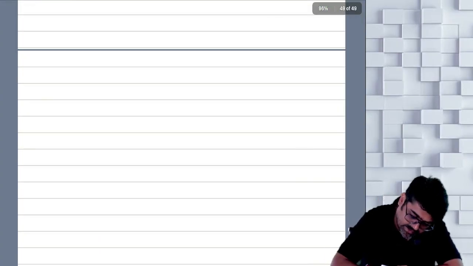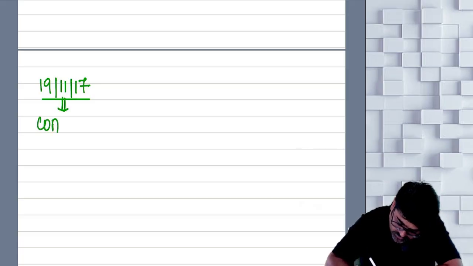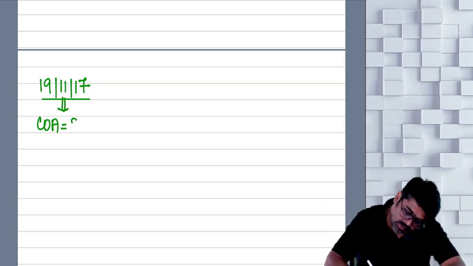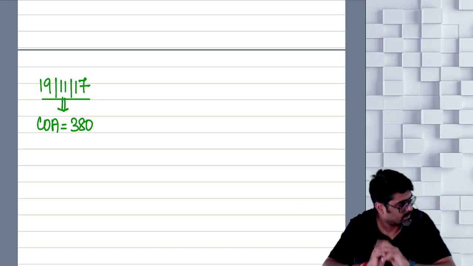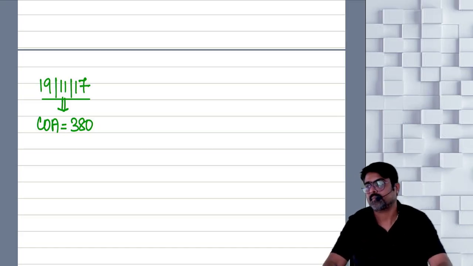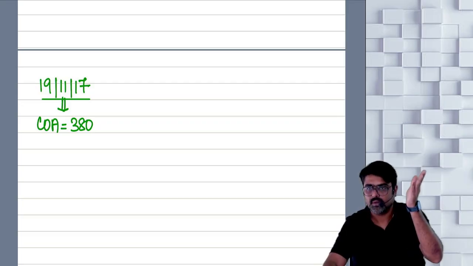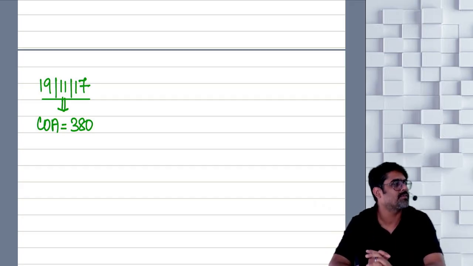On 19th November 2017, you acquired the shares. So your cost of acquisition of these shares was how much? 380. Okay. Now, see, when you acquired, at that time, this long-term capital gain under section 112A was not in existence.